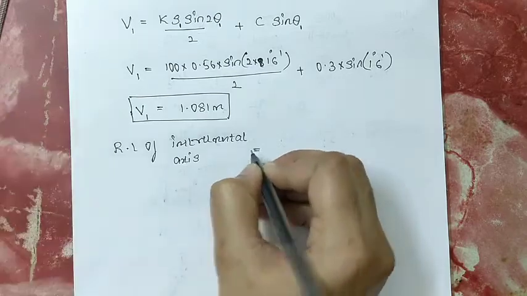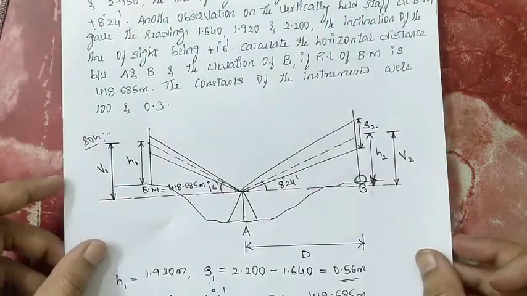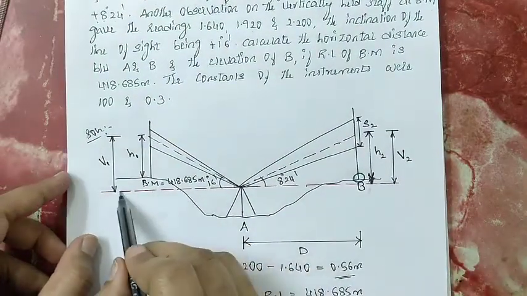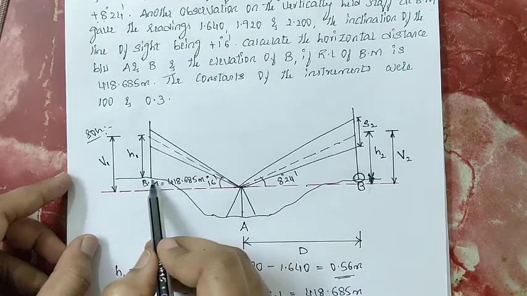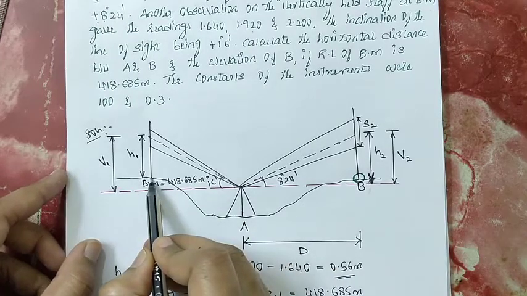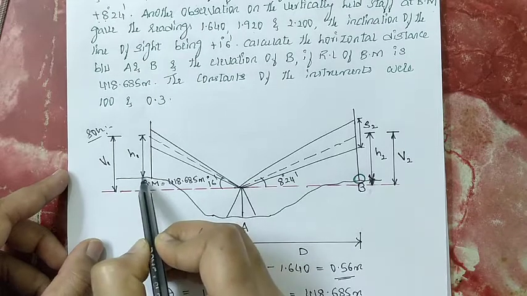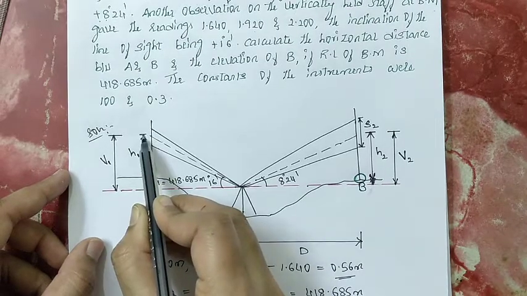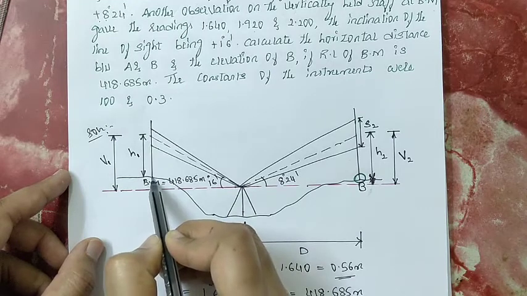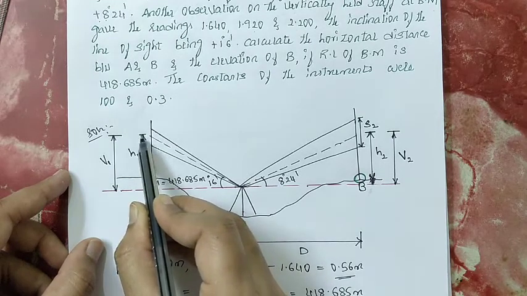RL of instrumental axis equals, as you can observe in this figure, by taking the reference of RL of benchmark, RL of benchmark plus H1. If you add H1 to the RL of benchmark, you get the RL of this point.